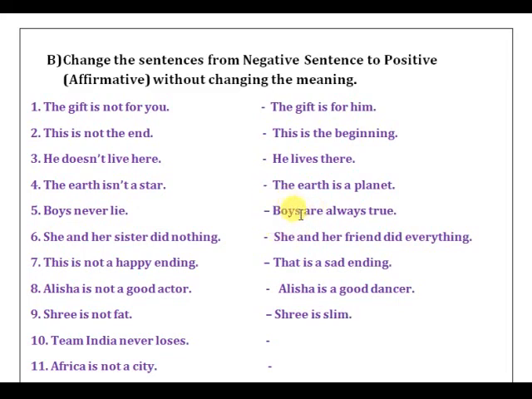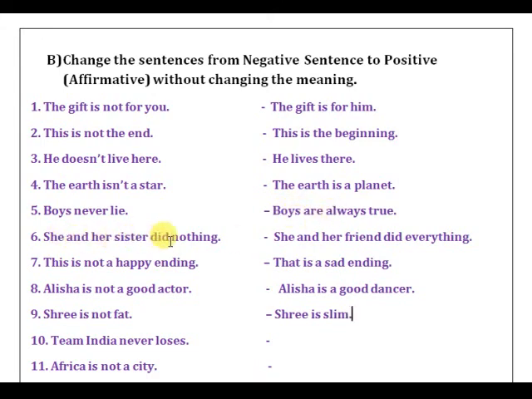That's why I have chosen "are". If there would be a sentence, "Boy never lies", then I would have written "Boy is always true." But being "boys", the number is more. That means it is a plural noun itself. So I have taken the helping verb as "are".